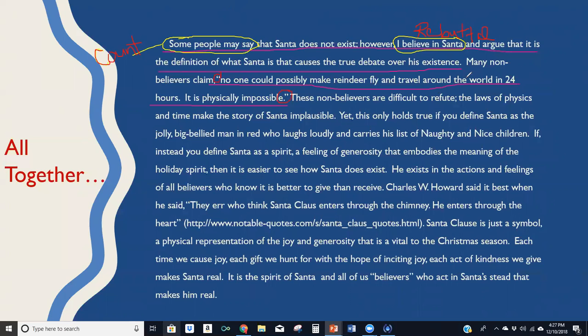Okay? So those are the main parts, and I'm going to go back to my other slide to discuss what those parts are. But to review really quick, the things I underlined is the whole counterclaim. Okay? The parts I circled in yellow are my counterclaim and my rebuttal.